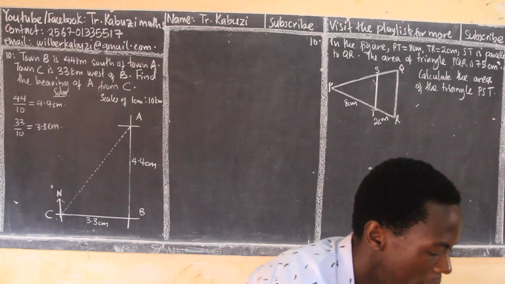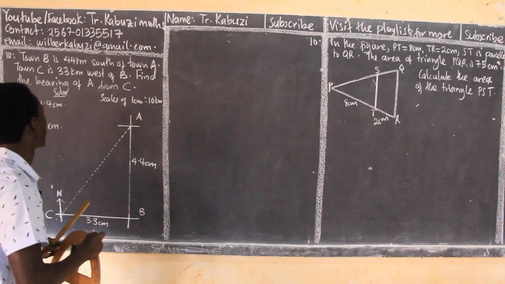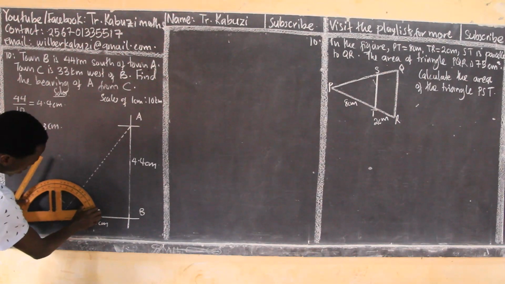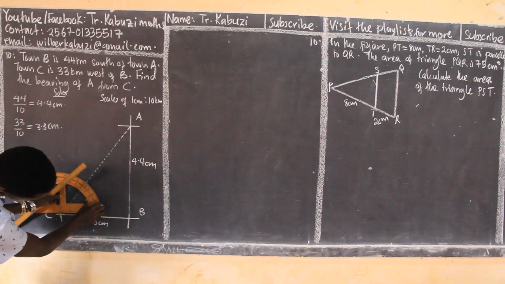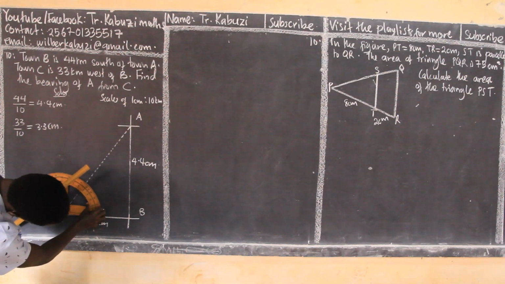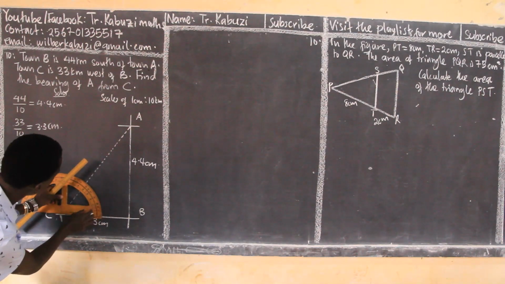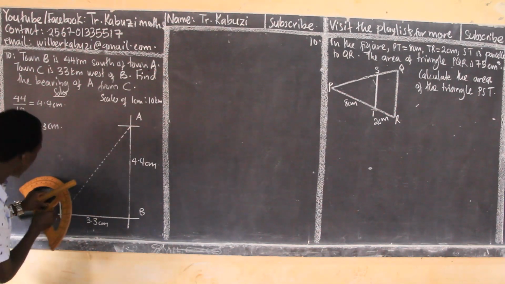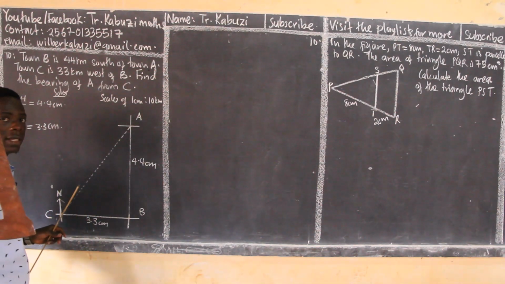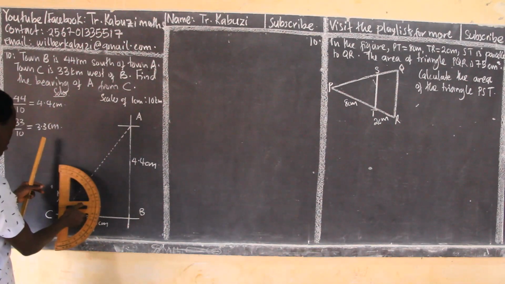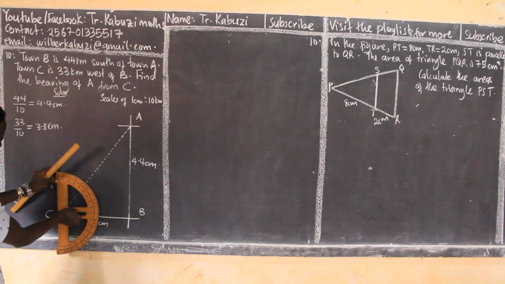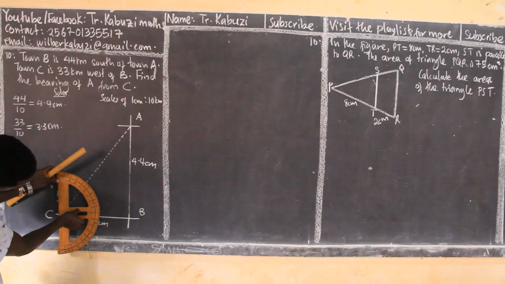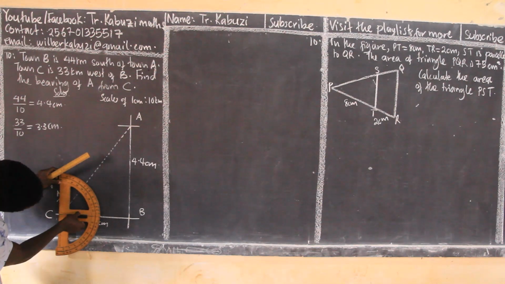So if I get my protractor here, this is now my protractor. I put it here and I'm getting something like, you remember that in bearing our protractor should always be like this. Sorry for that. If I measure mine here, I get something like 38.